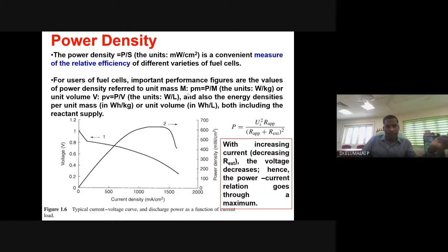Power law we know. Of course, you can quantify in terms of gravimetric power, volumetric power, taking either mass or volume. So this power theorem, which we utilize for any device, can also be utilized for fuel cells: V square by R or 4R.